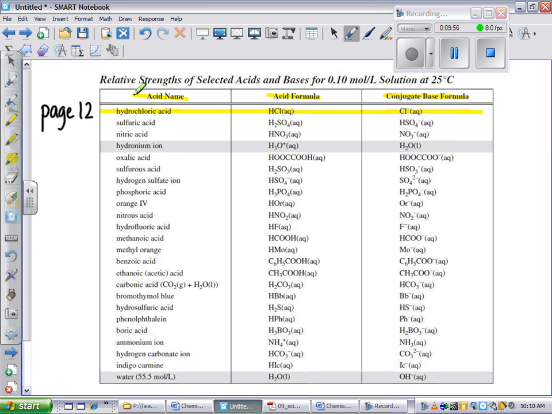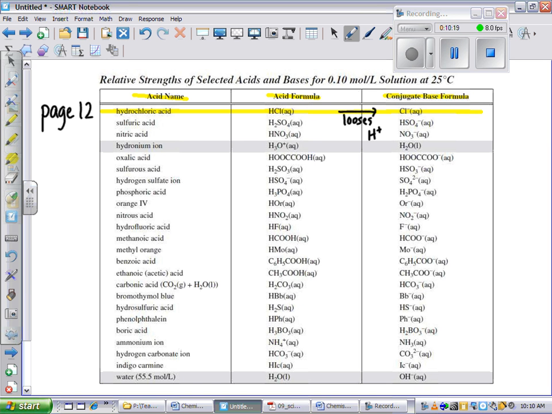So in the process of becoming Cl negative, what did the HCl have to do? If you said that it loses its proton, then you are correct. The hydrochloric acid will lose its proton to become chloride negative.